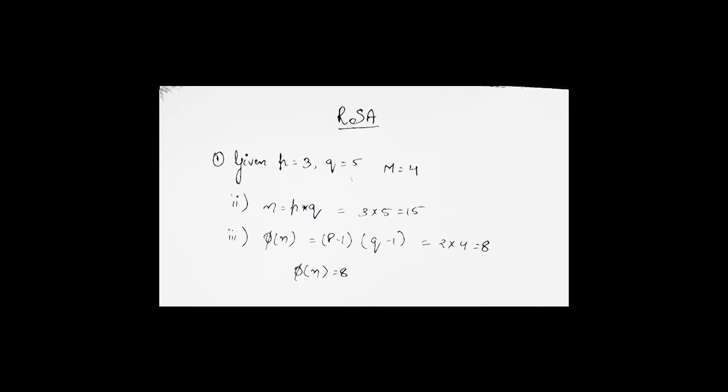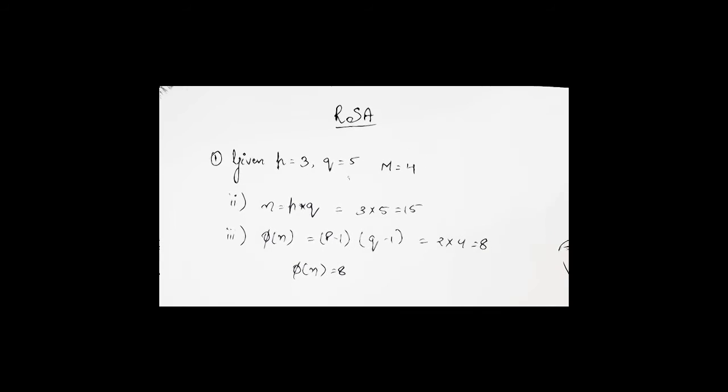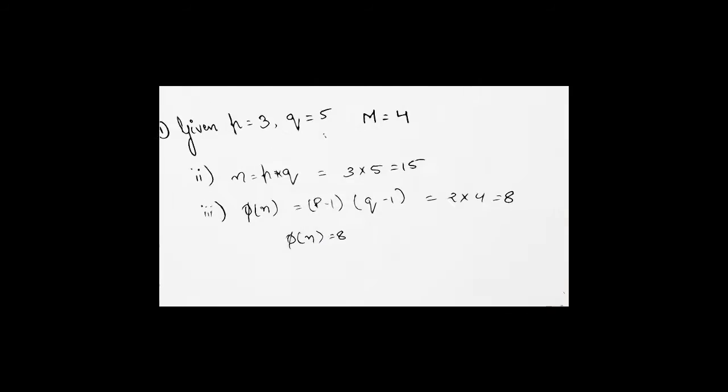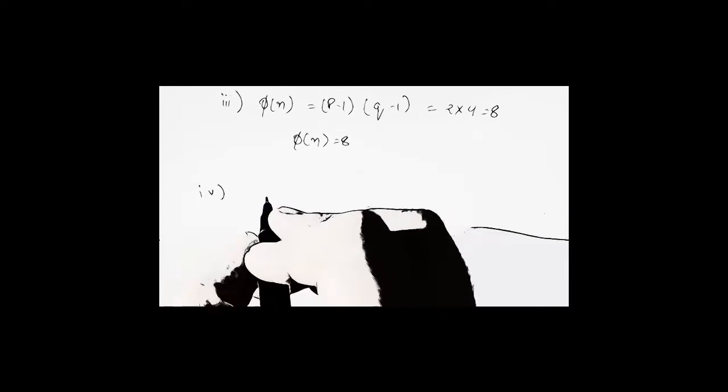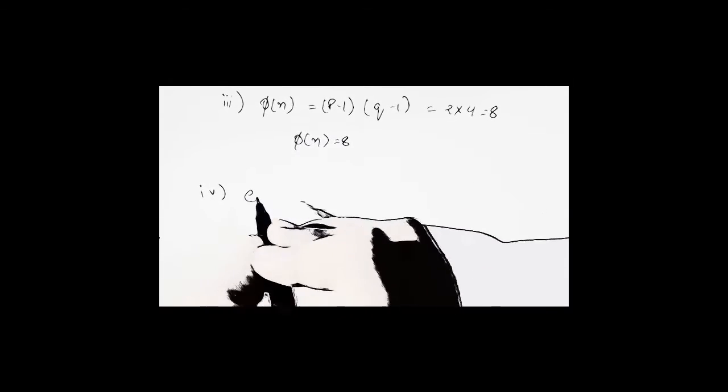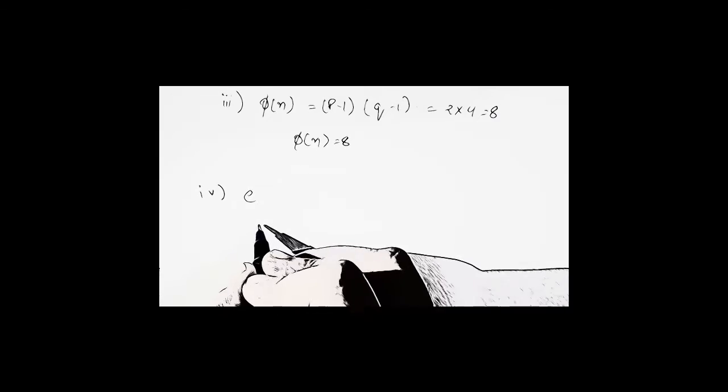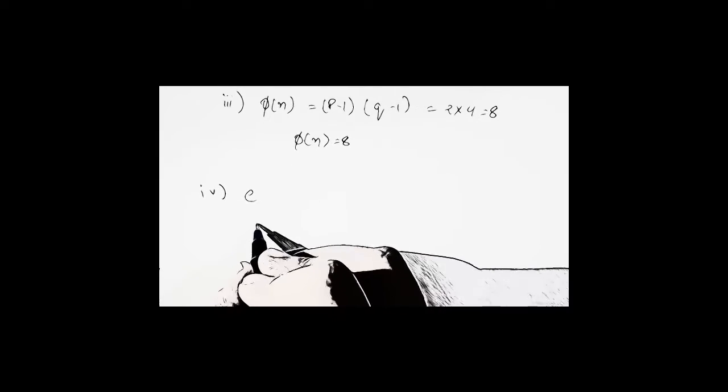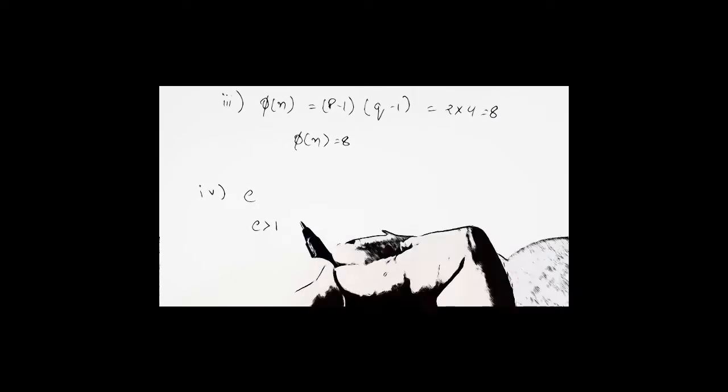Now what we have to do is see how the keys are generated, which are E and D. So the fourth step we'll see is key generation for encryption. We know that we have a condition E should be greater than 1. In this question, we are not taking E in the question itself.